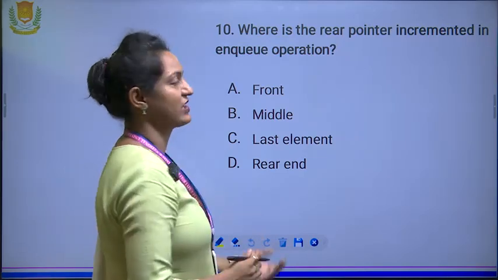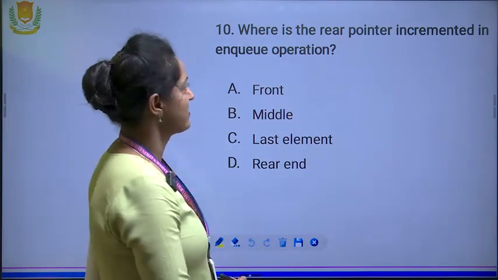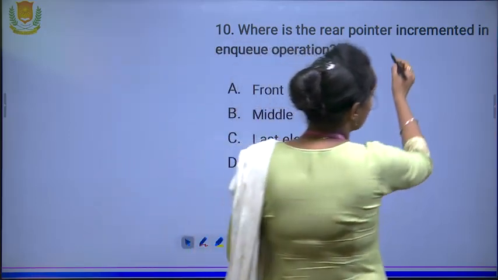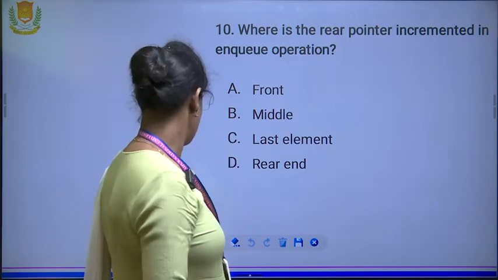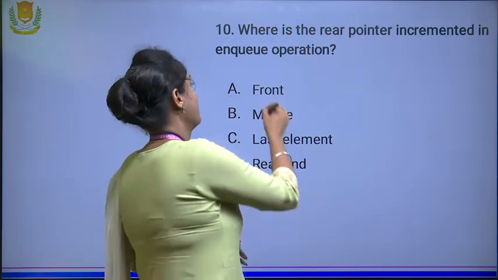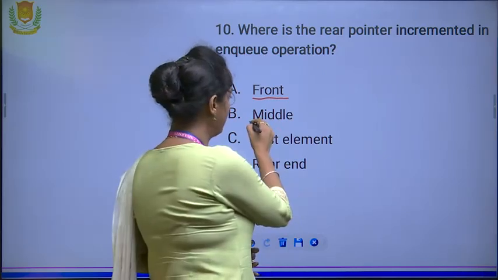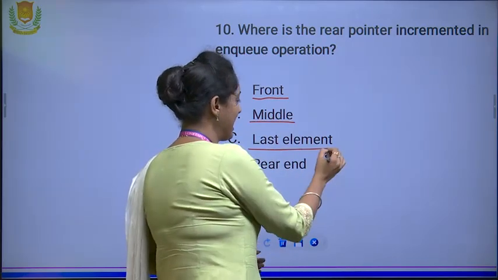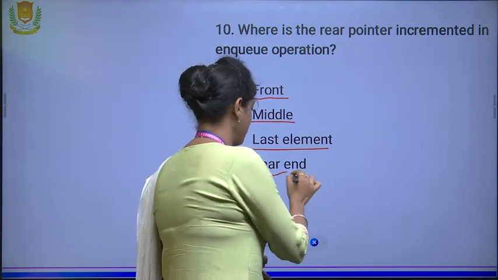So the next question is the 10th question, and the question says, where is the rear pointer incremented in NQ operation? And the options are A, front, B, middle, C, last element, and D, rear end.